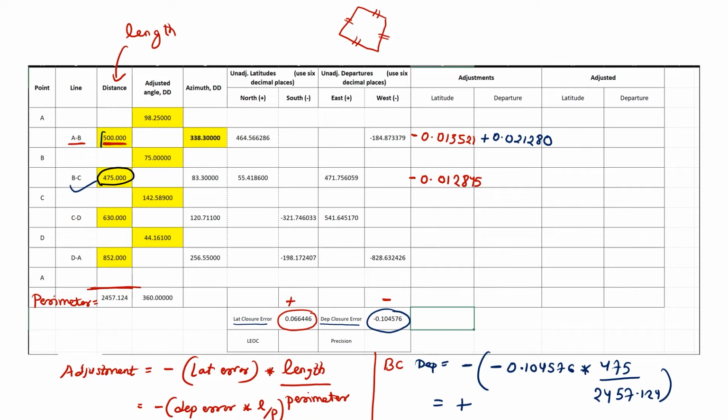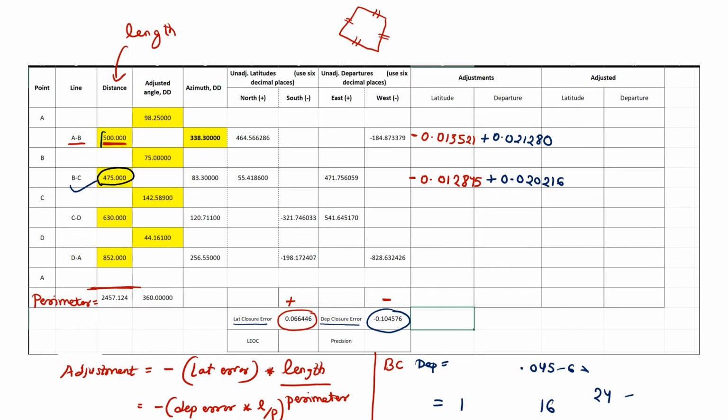So you can see how that negative sign is taking care of the sign of the adjustment. That will give you 0.020216. So I write it right here, 0.020216. Okay, this is how I find the adjustment for the line BC.